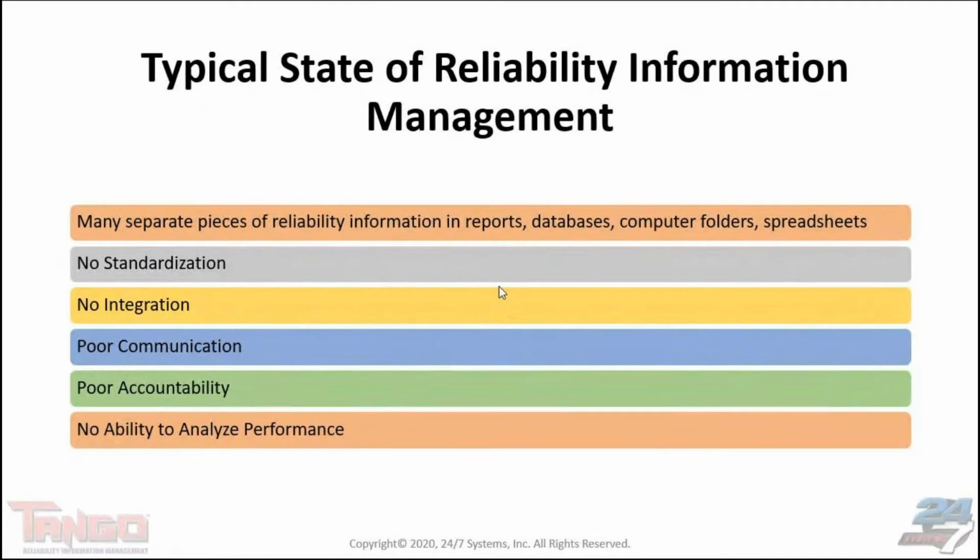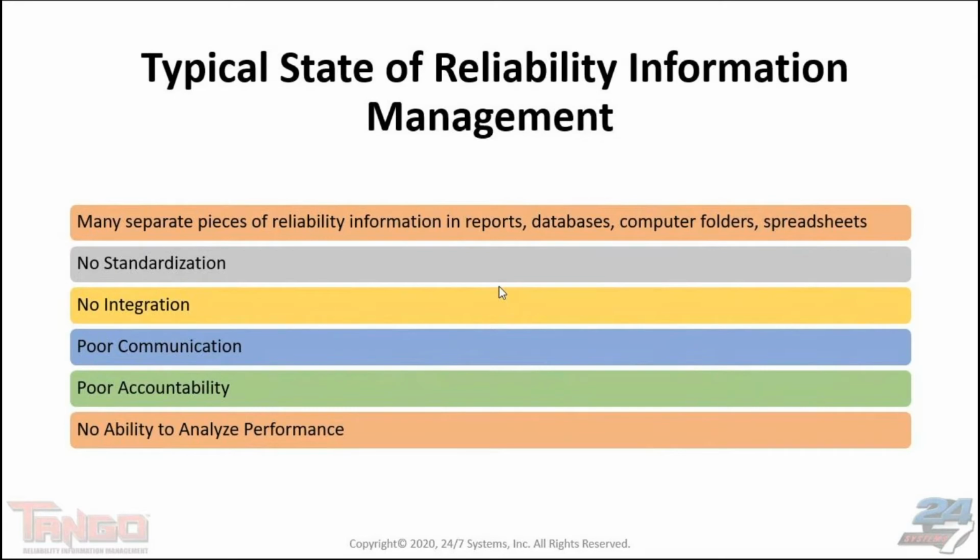It's lots of different pieces, either in the native systems used for vibration analysis or thermography, or the PDFs that might be emailed or put on a website by your oil sampling lab, etc. Because they're all separate pieces of information, there's little to no standardization, even in terms of what the asset names are. And certainly no integration, no easy way to see all of the available reliability information for any one asset or any one location at a particular point in time.